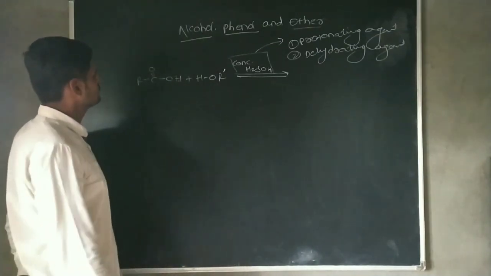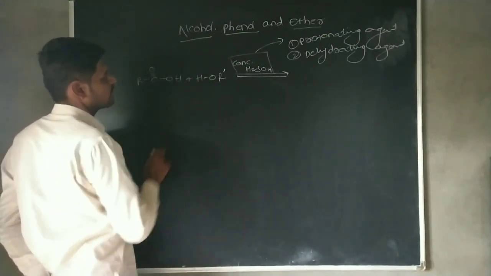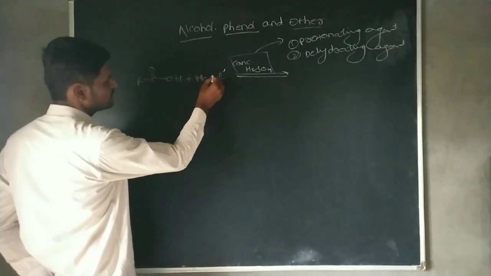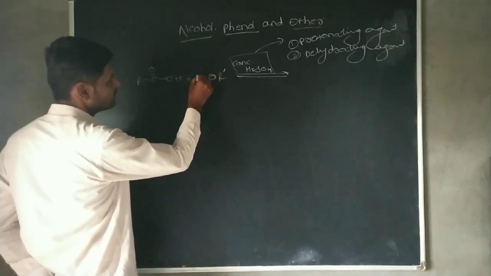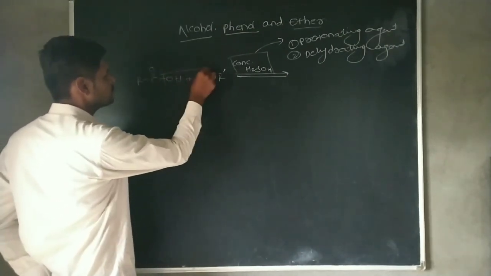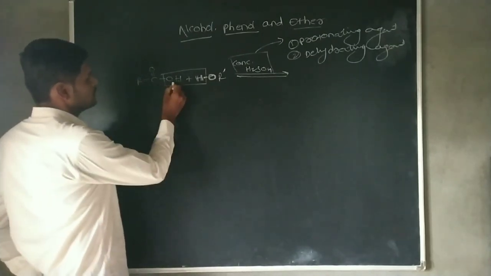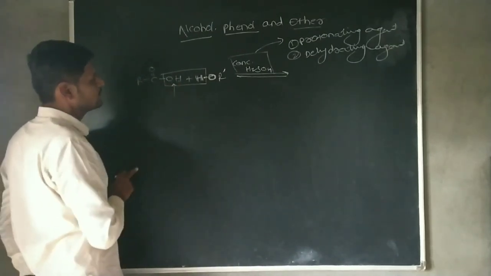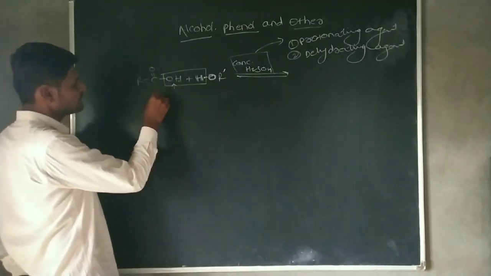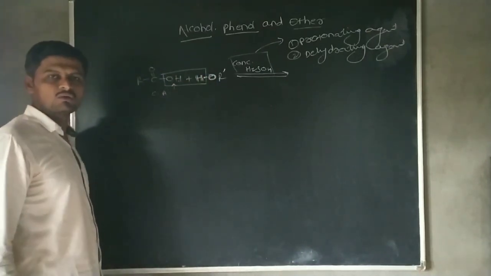Now we go towards this reaction. In this alcohol, the bond breaks between oxygen and hydrogen atom. That means one water molecule is eliminated. It is clear that the hydroxyl group comes from the carboxylic acid and the hydrogen atom comes from the alcohol molecule.